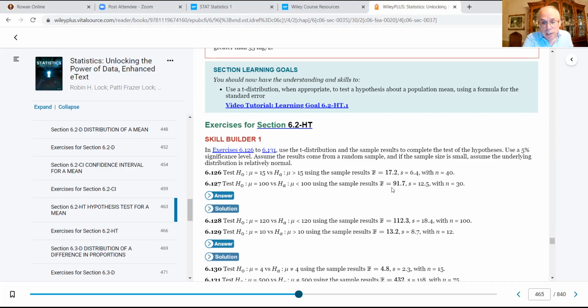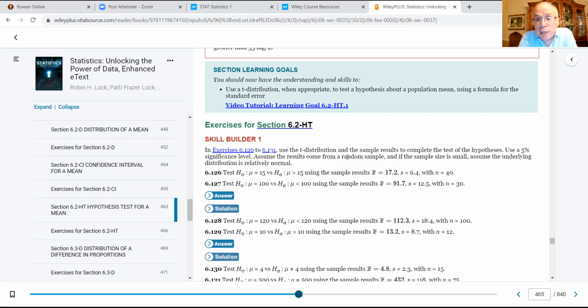They give you the sample mean, standard deviation, and the sample size. Okay. And they want you to do the 6-step hypothesis test. So it's not a word problem, but they're giving you all that information. They say in the body of the question up here, use a 5% level of significance, assume that the underlying distribution is normal. So it doesn't matter what the sample size is.